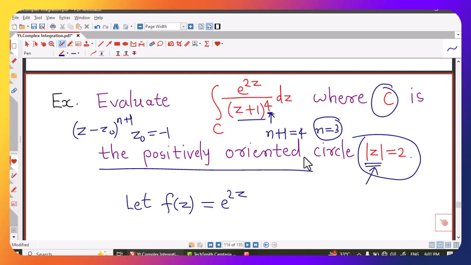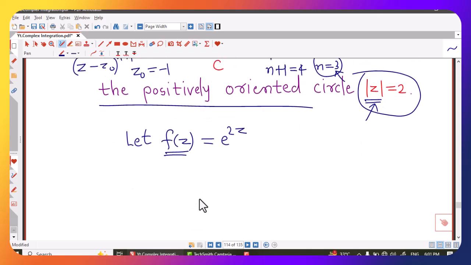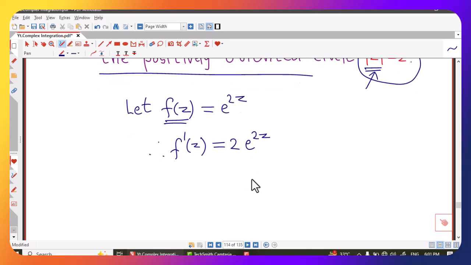So in the formula we will require derivatives up to third order. We will first have to determine the third order derivative of the given function f of z. So first we find the derivatives. The first derivative of e raised to 2z is e raised to 2z into the derivative of 2z, that is 2.